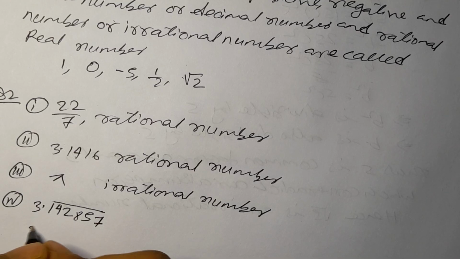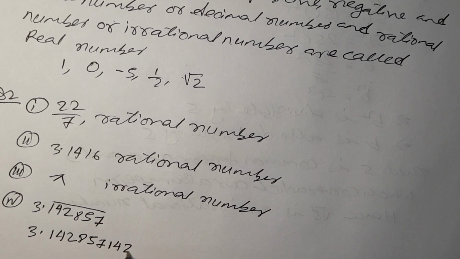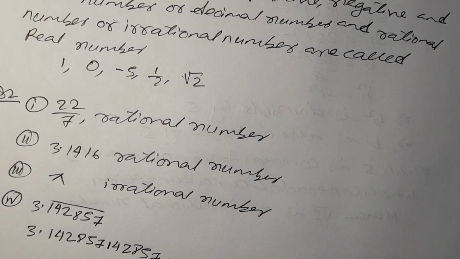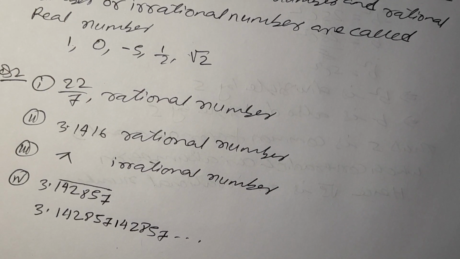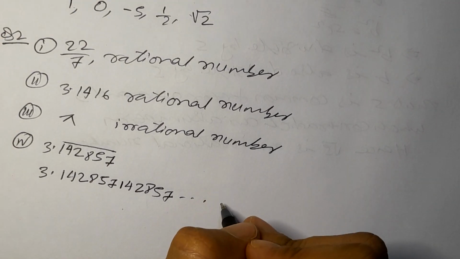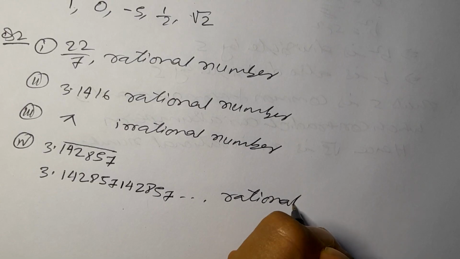So it can be written as 3.142857, and again 142857 will repeat. It will go up to infinity. So this is repeating. In a rational number it is repeating, so it will be a rational number.